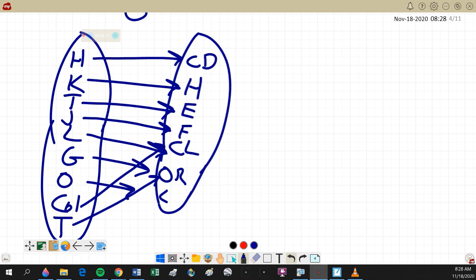And typically when we talk about functions, we call this first one x and the second one y. And the rule for a function says no x is connected to two y's. But you're going to forget that.